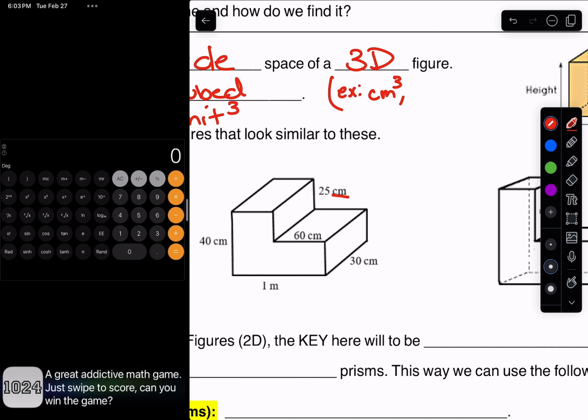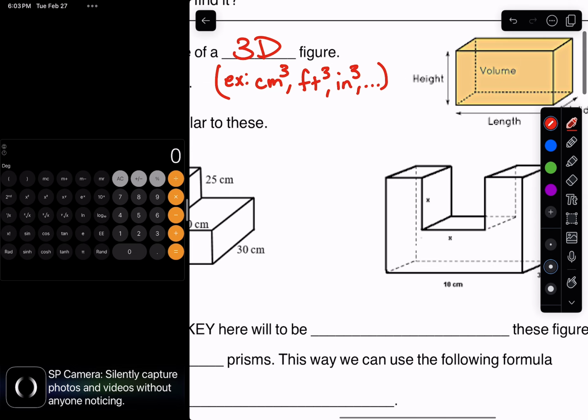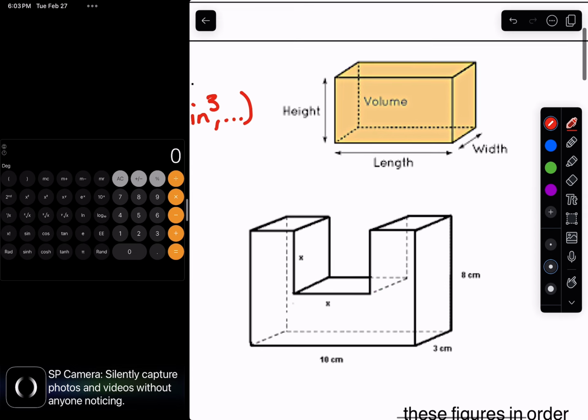Centimeters cubed would be your volume units, or it could be feet cubed or inches cubed, and there's a bunch. So whatever it is, just make sure you have that power of 3. Exponent is 3.